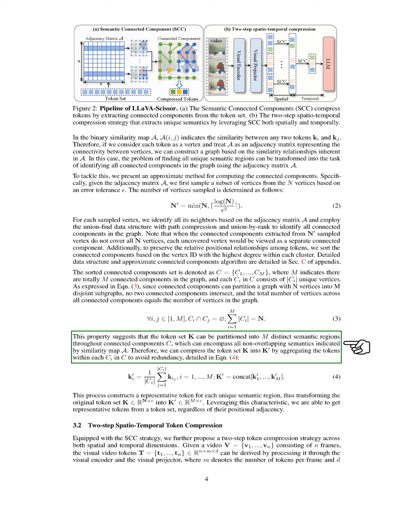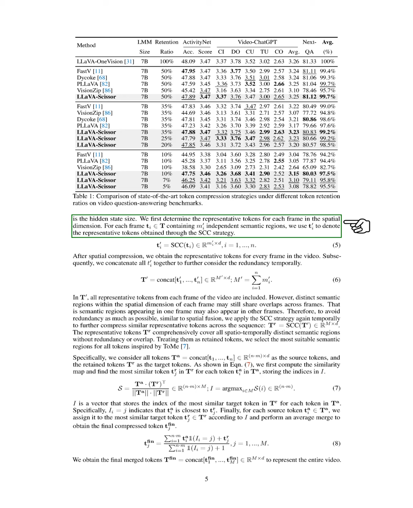Next, we apply the SCC strategy in a two-step process for token compression across both spatial and temporal dimensions. For a video made up of multiple frames, we derive visual tokens from each frame using a visual encoder. We first find representative tokens for each frame, then combine these tokens to address redundancy across frames.